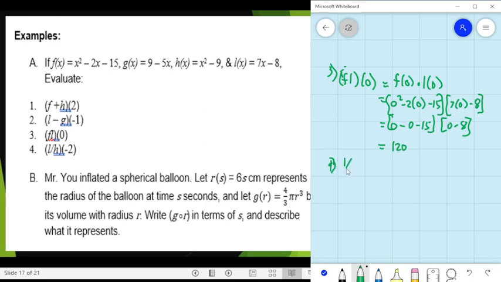Okay, and number 4 is L over H of negative 2. So this is similar to L of negative 2 over H of negative 2, such that H of negative 2 must not be equal to 0.